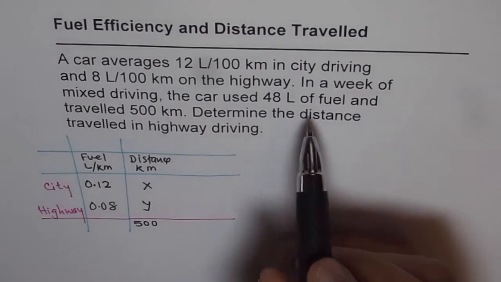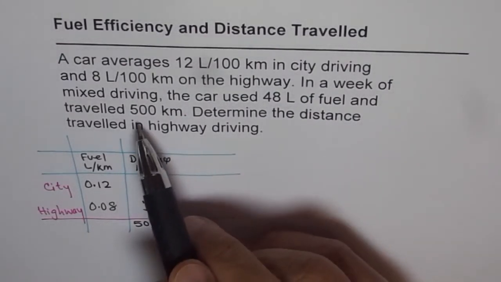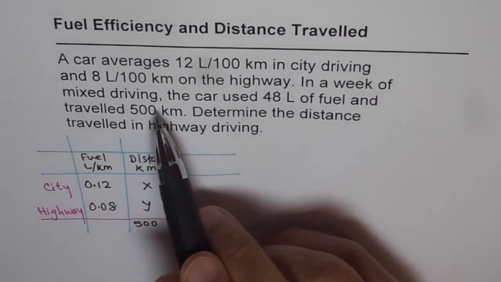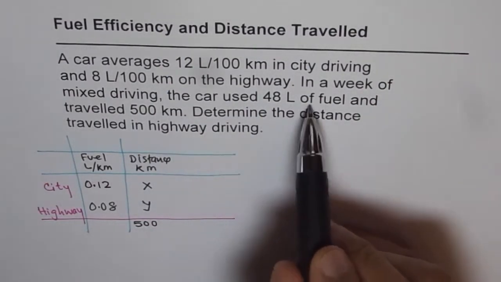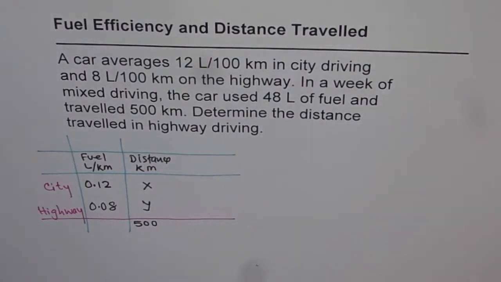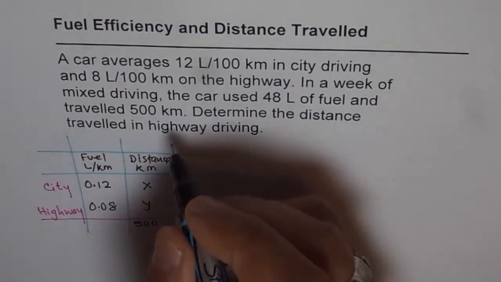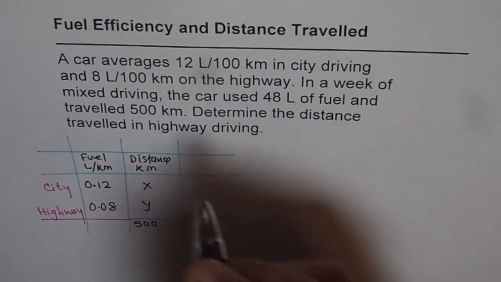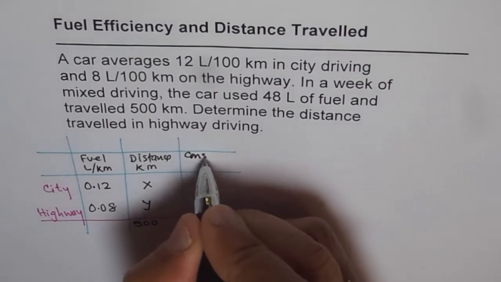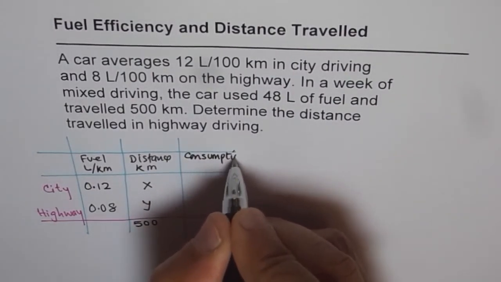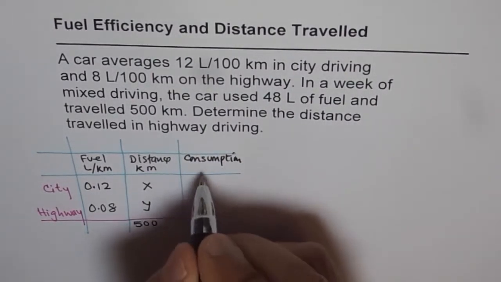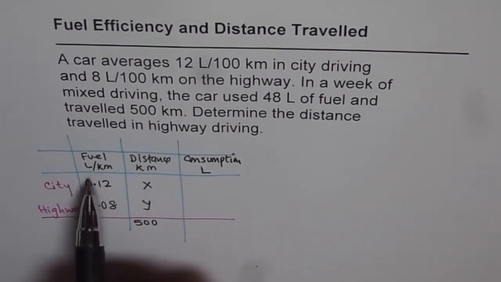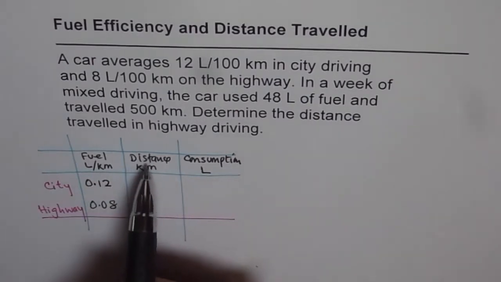It is also known that for covering this 500 kilometers in a week of mixed driving, the car used 48 liters of fuel. So the consumption of fuel is also known to us. Let that be the next column, consumption of fuel, in liters. As you can see, the units are liters per kilometer, and distance is in kilometers.